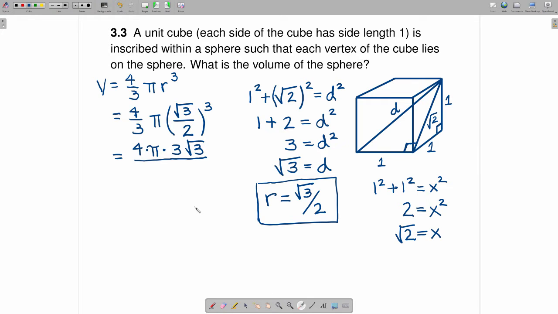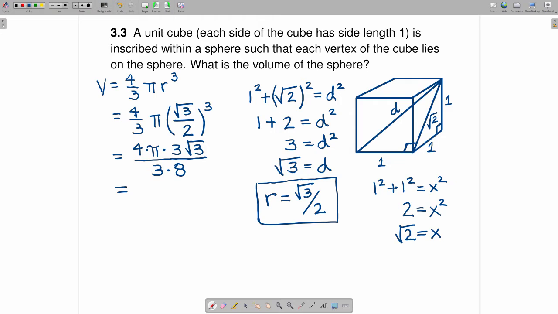So those four elements, here's the 4, here is the pi, and then the first two of these square root of 3 that get multiplied by one another, they give you a 3. The third one gives you a square root of 3. Then down in the denominator you get 3 multiplied by 2 cubed, and 3 multiplied by 2 cubed is 8.